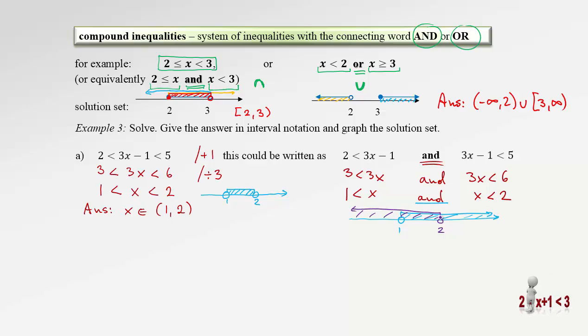Okay, so what is the solution set? Obviously, those are the numbers that are both blue and purple. That means the numbers between 1 and 2. Since 1 is not taken in the first inequality, it has to be a hollow circle, and 2 is not taken in the second inequality, still a hollow circle. Therefore, this is our final solution set.